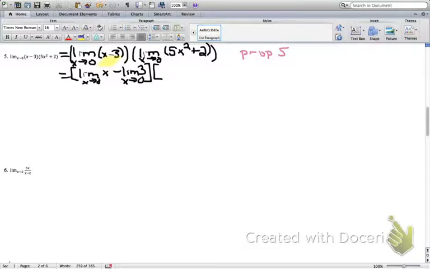Similarly, we can do the same with 5x squared plus 2. This would be the limit of 5x squared as x approaches 0 plus the limit of 2 as x approaches 0. Again, this was done using our property 3.